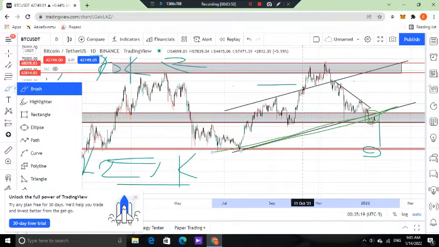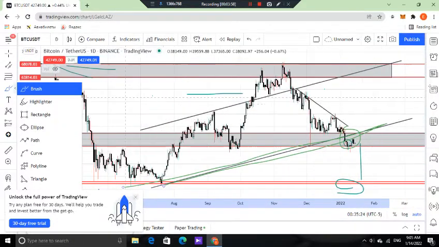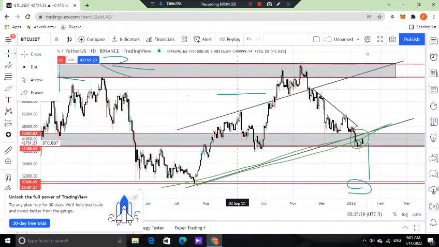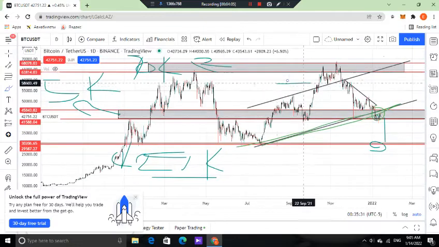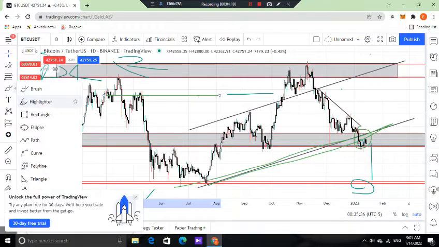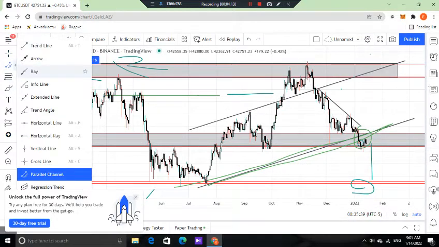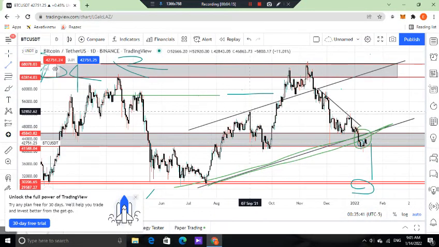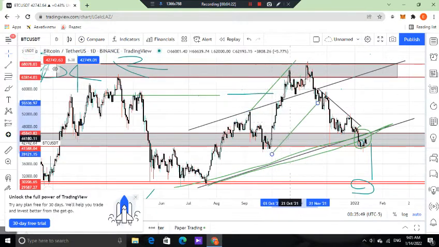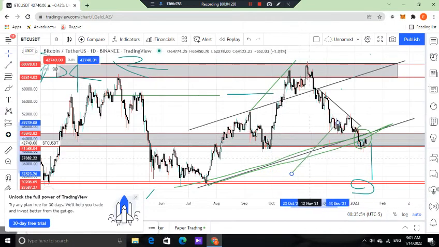It means that in a bearish channel you expect to see a bullish breakout. So you can consider this as a channel. You can draw the lines differently, like this. Maybe, I don't know.